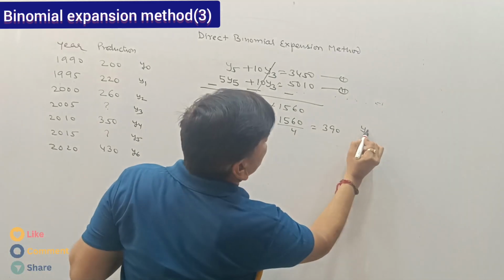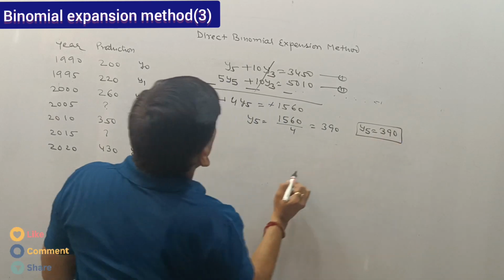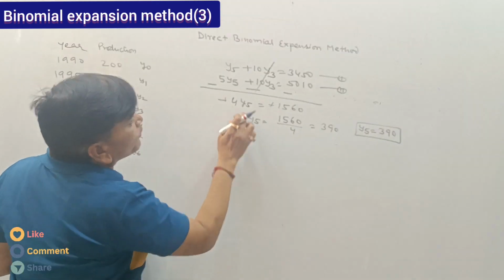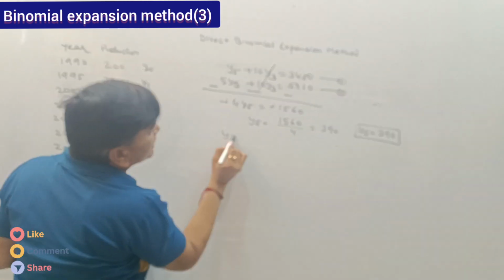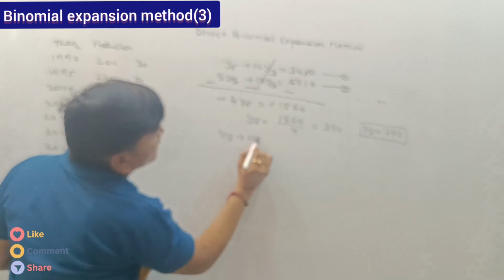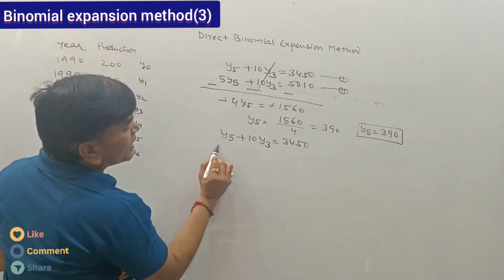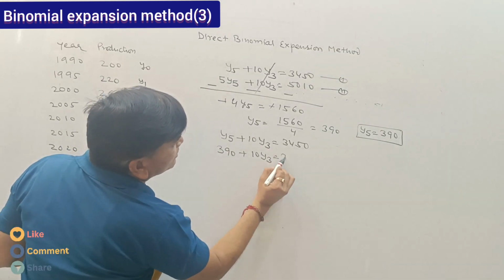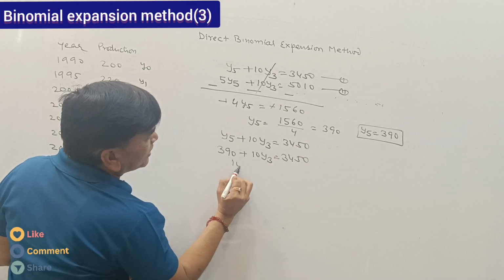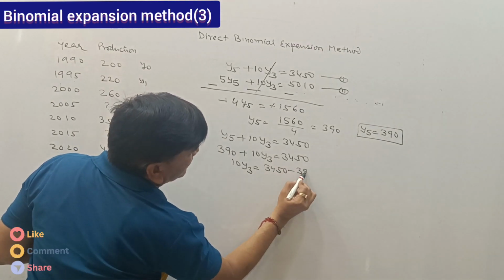So the first value we have calculated is 390. Now putting the value of y5 in either the first or second equation. So the first equation is y5 plus 10y3 is equal to 3450. So we write 390 plus 10y3 is 3450. So the 10y3 value is 3450 minus 390.